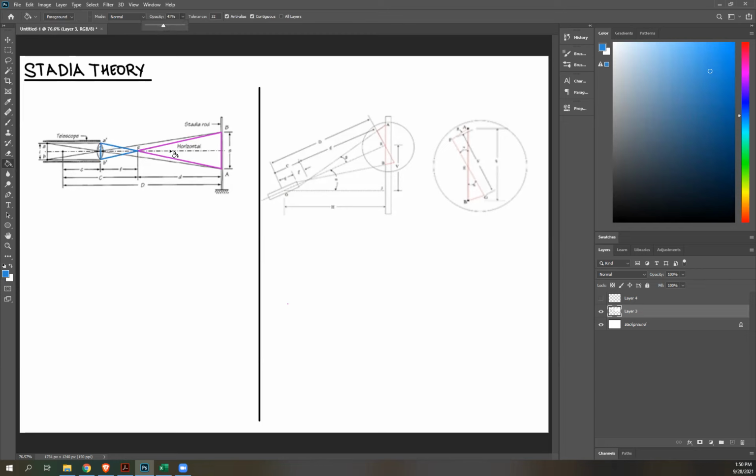So these two are similar triangles. How do I know they're similar triangles? They have the same angle here. Therefore, they are similar triangles. Since they are similar triangles, I can use the concept of ratio and proportion, RNP. Ratio and proportion is just side over side equals side over side.